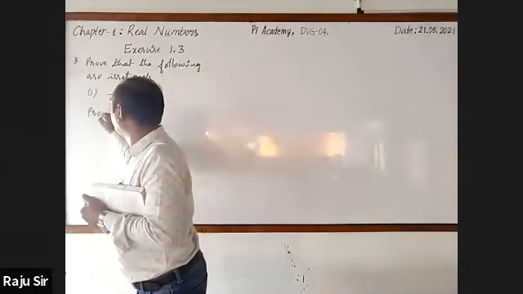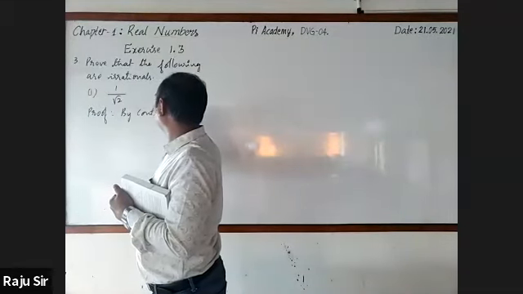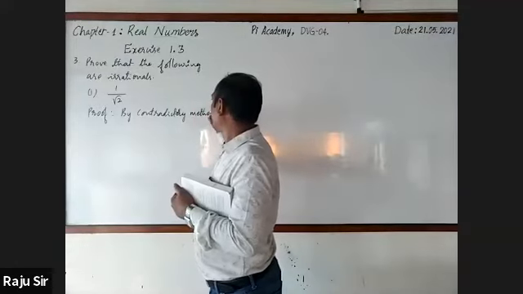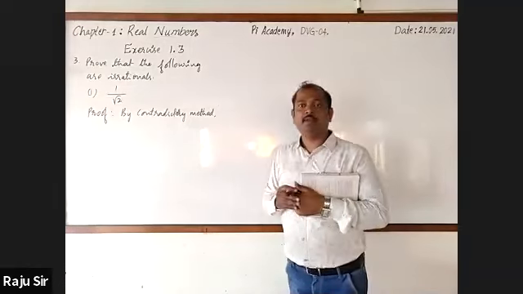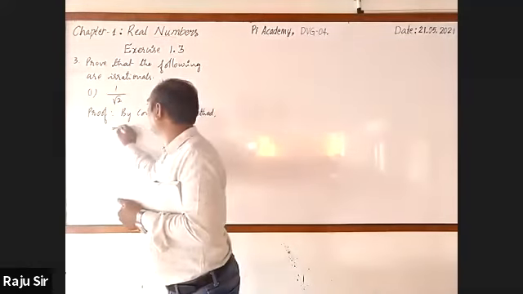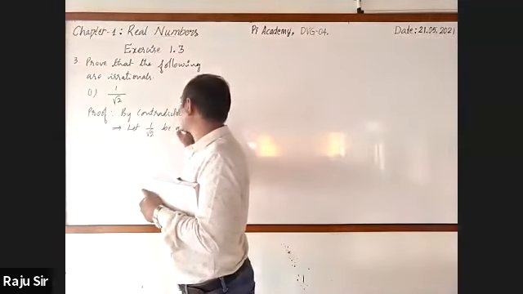Prove by contradictory method. In between, I won't go for asking any question. Directly, I'll keep on writing. You should also. By contradictory method, let 1 by root 2 be a rational number.